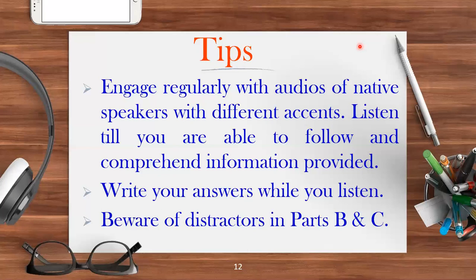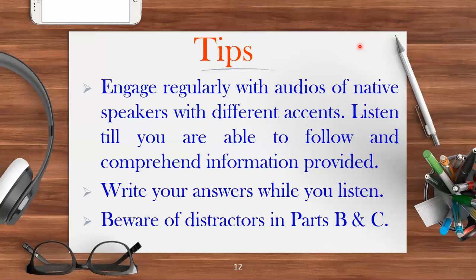The third tip is that you should beware of distractors. In a previous lesson that looked at the structure of the listening subtest, I made mention of this. Because you have multiple choice options in B and C, you need to be wary of the distractors. And the distractors may be extra or partial information.